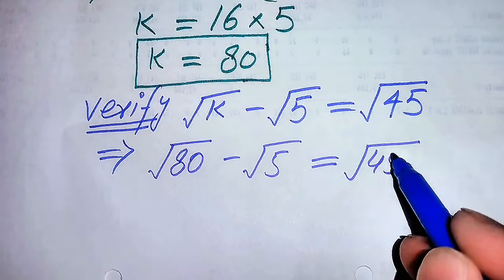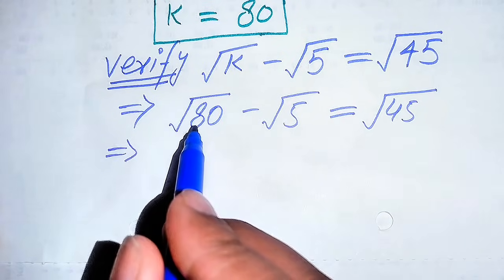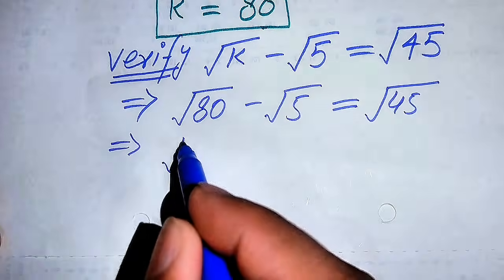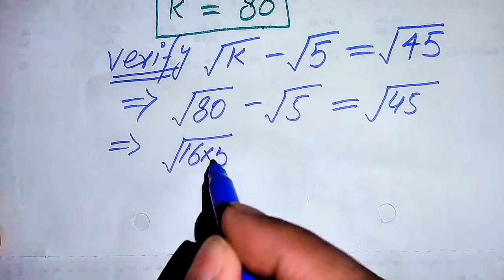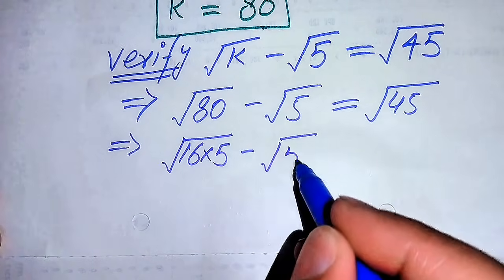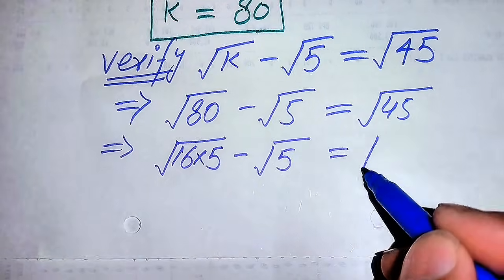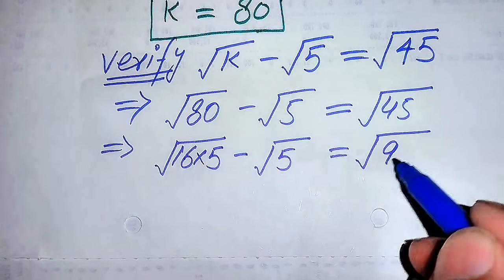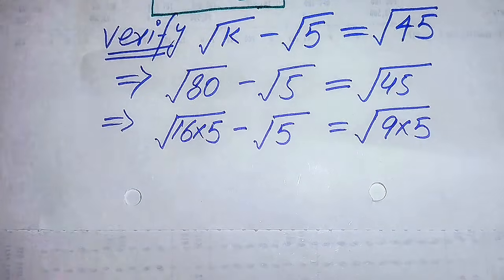So it will be written as it is. Further in the next step we need to break this value, and you see that we write square root of 80 as square root of 16 multiplied by 5, minus this square root of 5. And further we write this 45 as 9 times 5. We know that 9 times 5 becomes 45.